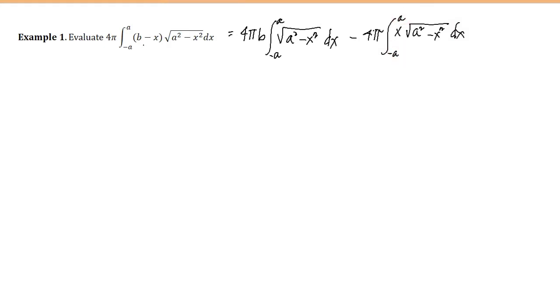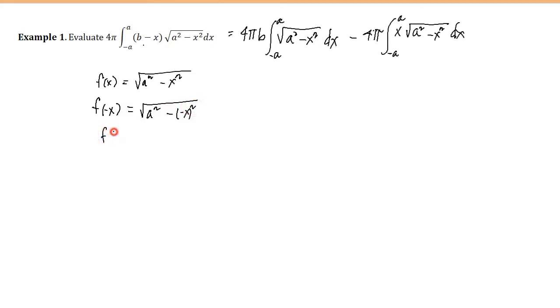So first thing that we are going to do is to test whether our function is an odd function or an even function. So for the first term, we have here the function of x is equal to the square root of a squared minus x squared. So the function of f of negative x is equal to the square root of a squared minus negative x squared.